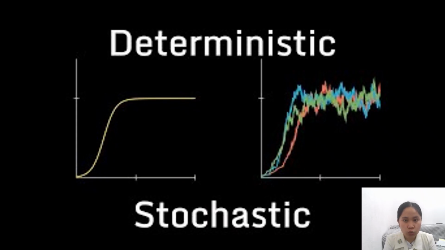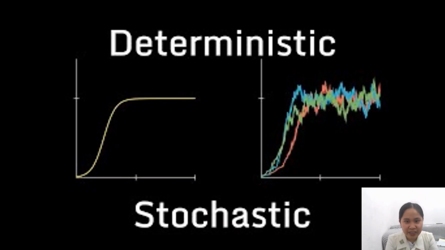Lilinawin natin. Deterministic, predictable na yung outcome. If you put the same input, you will get the same output or result. While in stochastic, if you put the same input, you will get a different output.